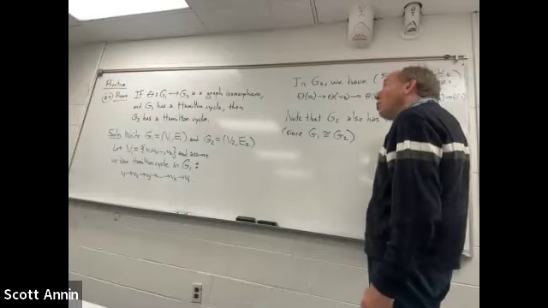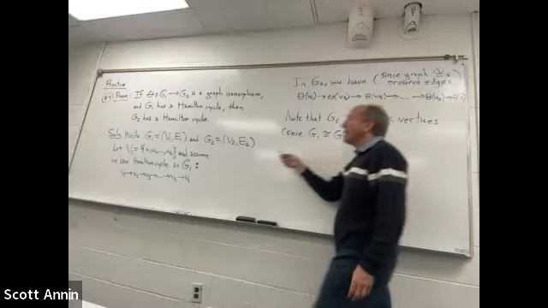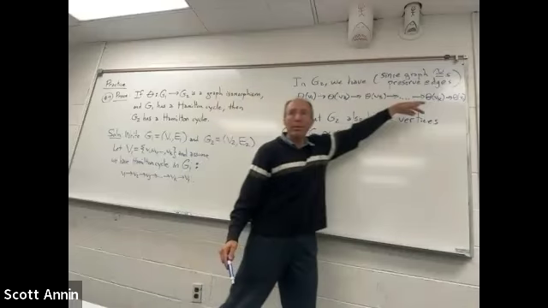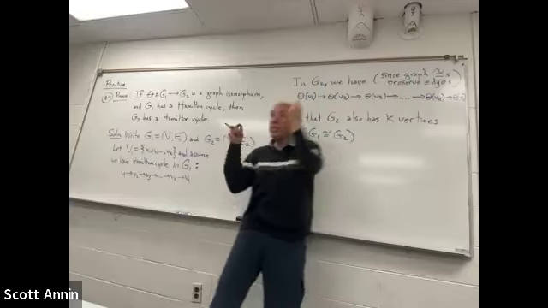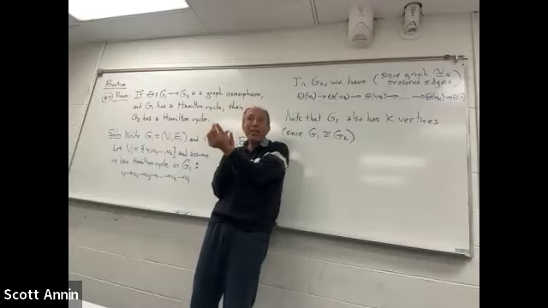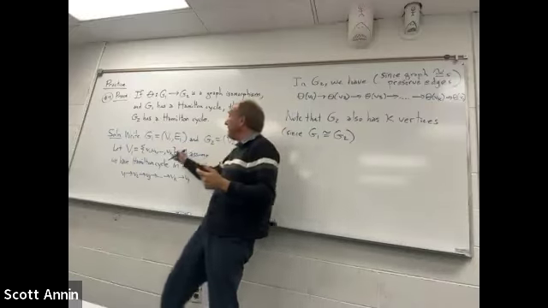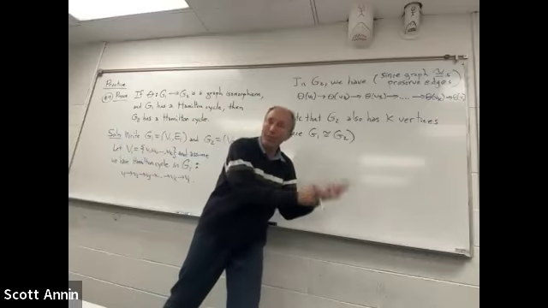Also I know that these are all distinct from each other. We have not taken one cycle and somehow created a figure eight or something like that. These have to be distinct vertices because theta is injective and surjective, one-to-one and onto, so distinct vertices get mapped to distinct vertices.